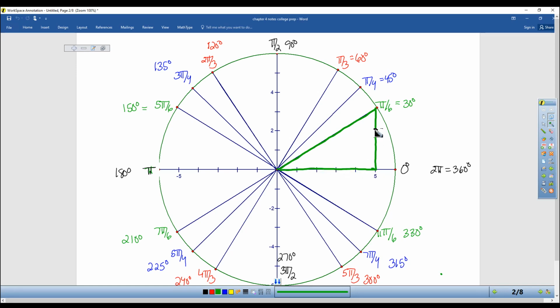I'm going to just tell you this ratio. This is a ratio of 1 to 2. That's a problem because the ratio of sine is 1 to 2. But because we're on the unit circle, somebody is always going to call this side 1. This is always going to be 1, which means I'm going to have to call this side 1/2 and this side square root of 3 over 2.